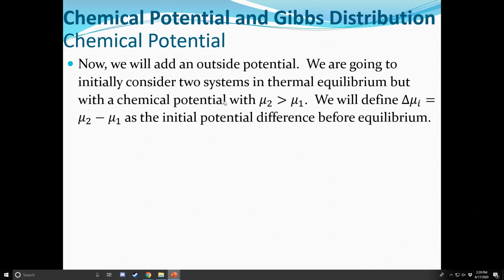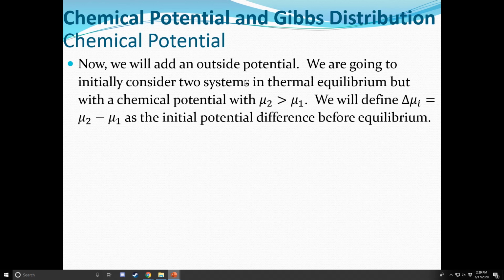All right, so what we're going to do now is try to include some additional outside potential. So this would be things like maybe there is a concentration difference between the two systems, but there's going to be something involved that's actually forcibly trying to keep that concentration difference.